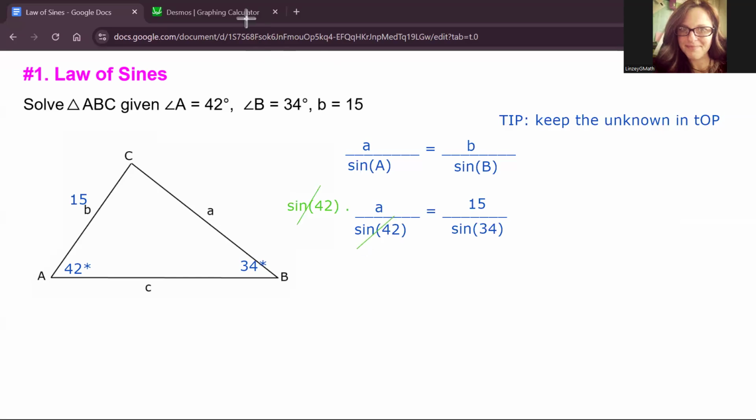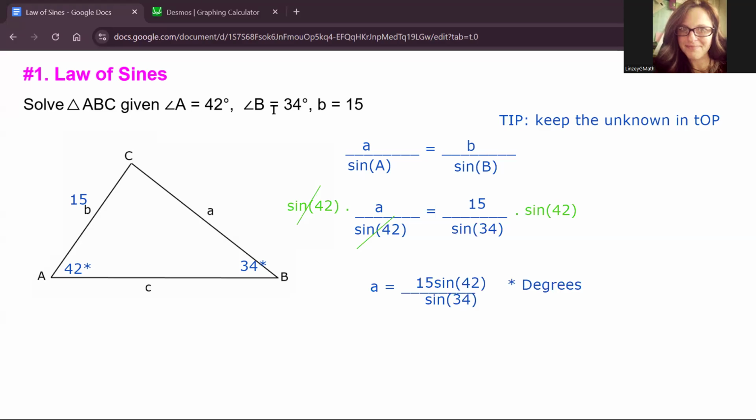And we get side A is equal to 15 times sine of 42 degrees, all divided by sine of 34 degrees. Make sure that our calculator is in degrees.